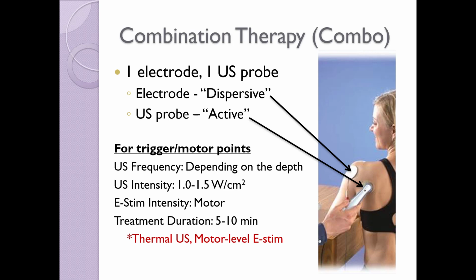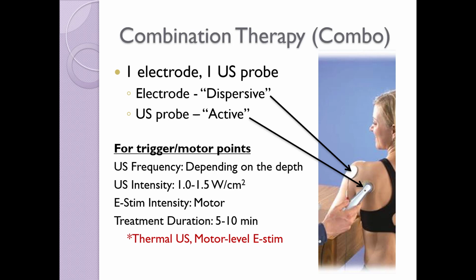The common settings for the treatment of trigger points or motor points include: the ultrasound frequency should be set dependent upon the target depth of tissue, either deep with 1 MHz or superficial with 3 MHz. The ultrasound intensity is commonly set between 1.0 and 1.5 watts per centimeter squared.